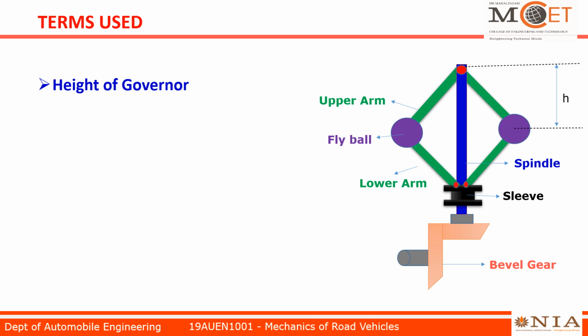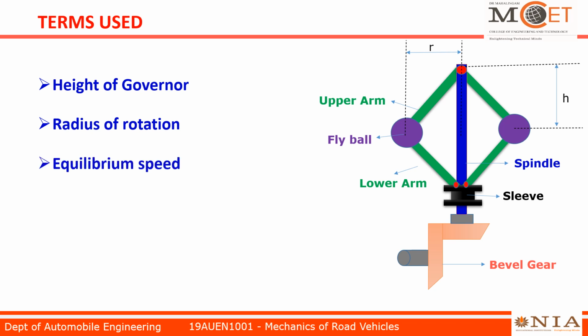That is, the vertical distance between the center of the ball and the upper pivot point, denoted as h. Our second term is radius of rotation. It is the horizontal distance between the center of the ball and the axis of the spindle, which is generally denoted as r.